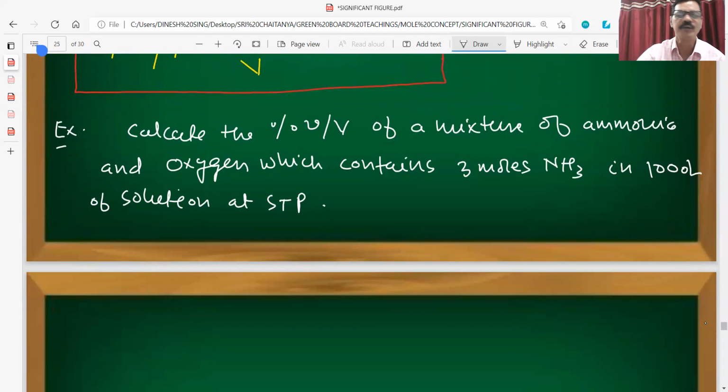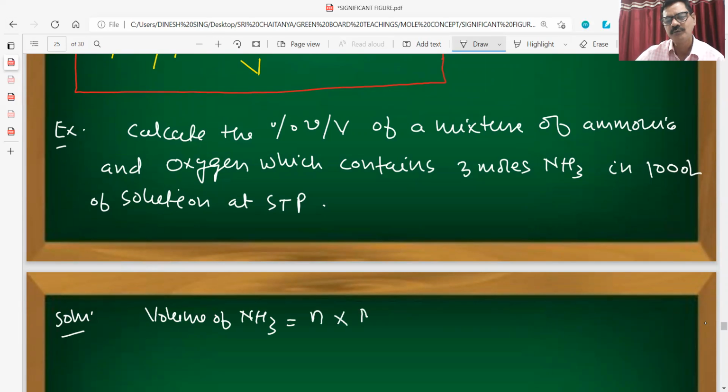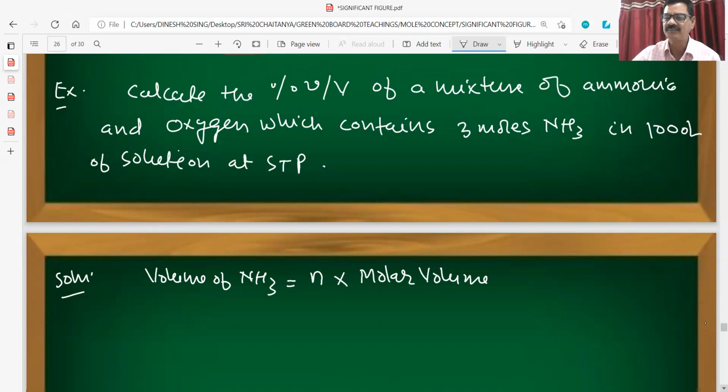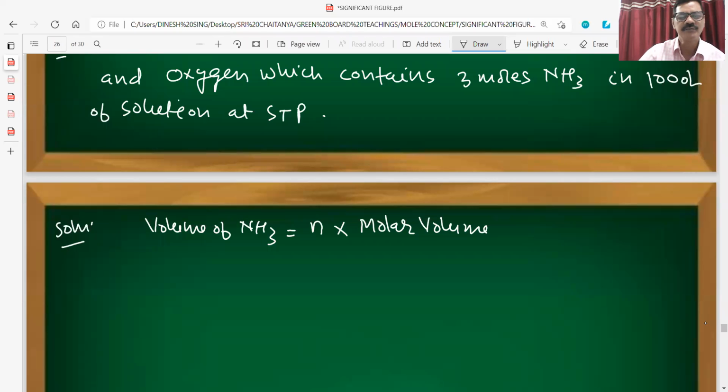Since moles of ammonia are given, from the moles we can calculate the volume of NH3. At STP, if the number of moles are given, then this will become moles into molar volume. We have seen the value of molar volume in the previous class. So the volume of NH3 will become 3 moles into 22.4 liters.